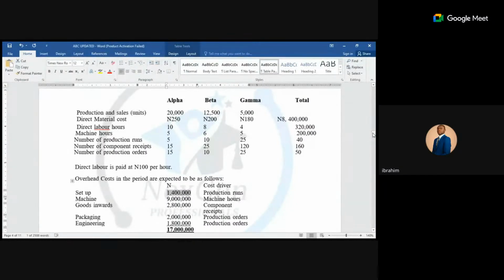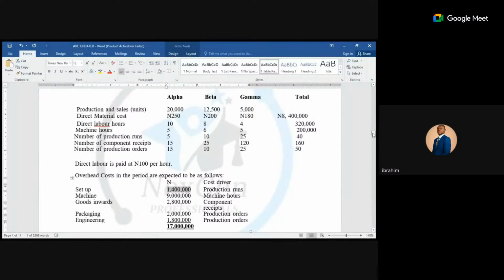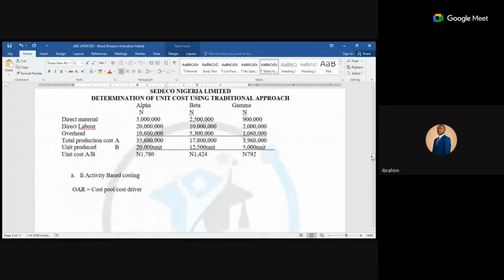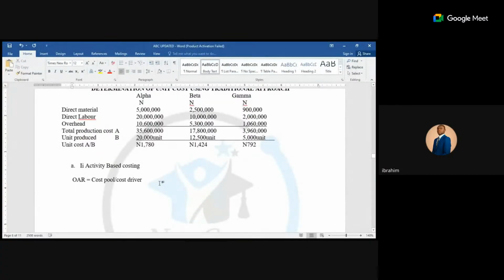The setup is 1,400,000. Setup equals 1,400,000. So setup is going with what?